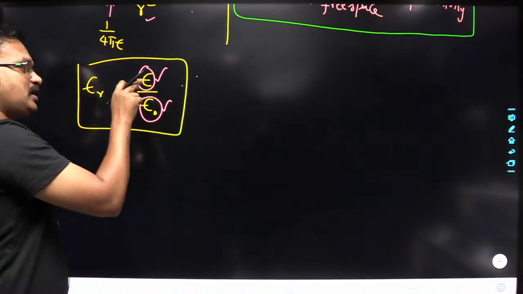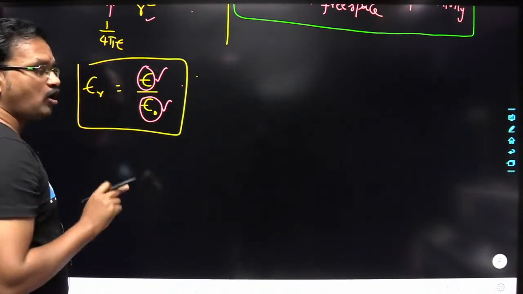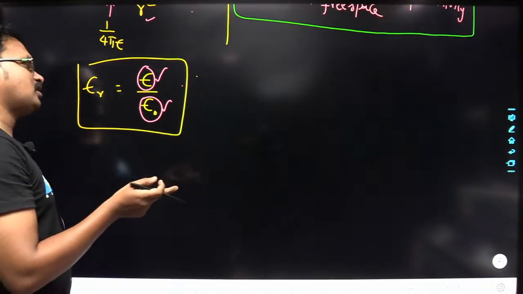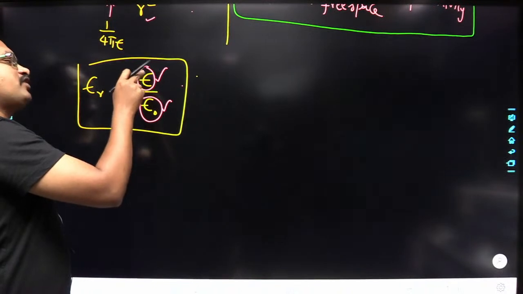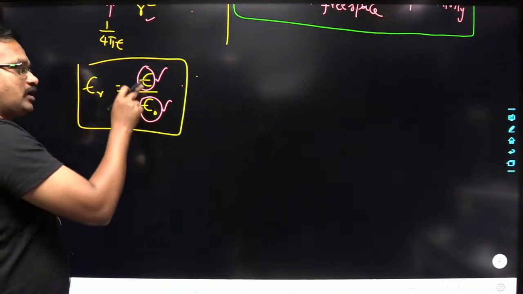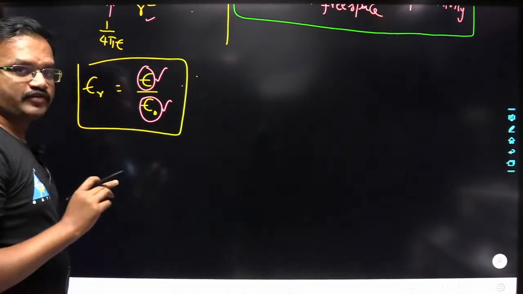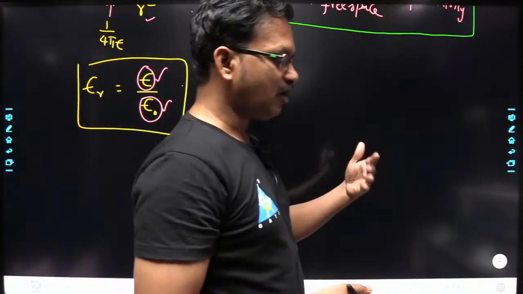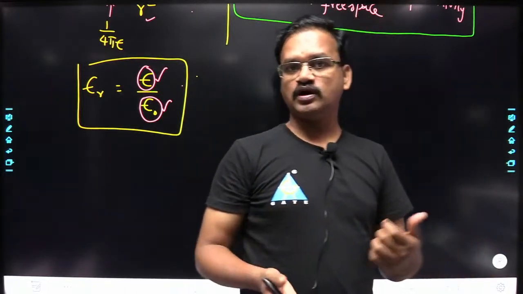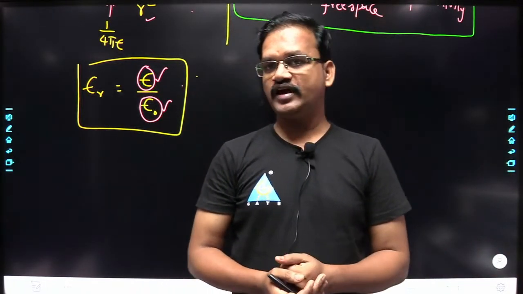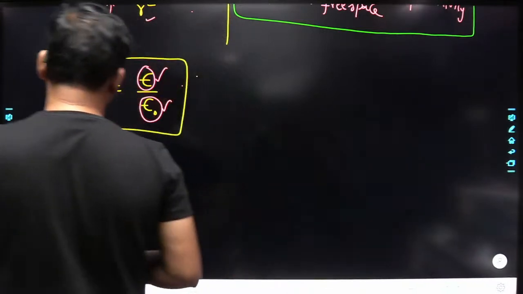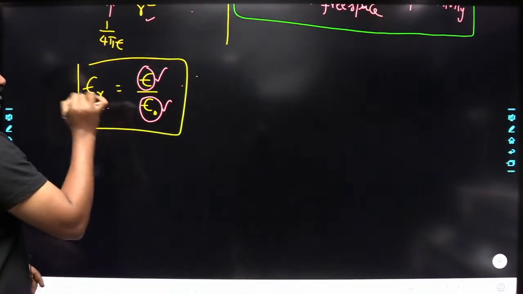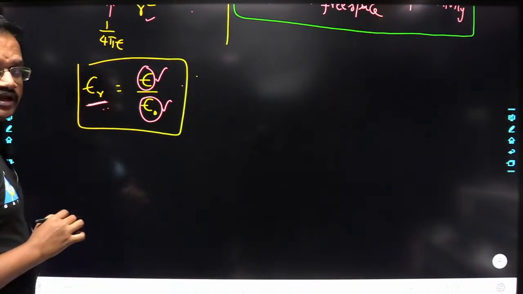That means you are comparing the permittivity of any medium with that of free space. This relative measure is given by the relative permittivity, epsilon r.